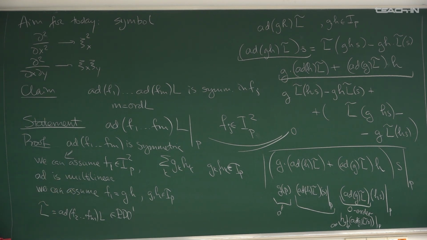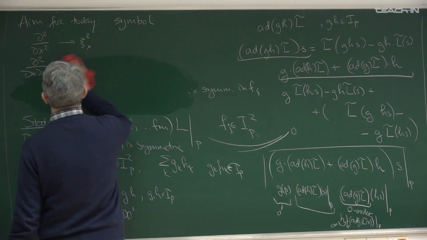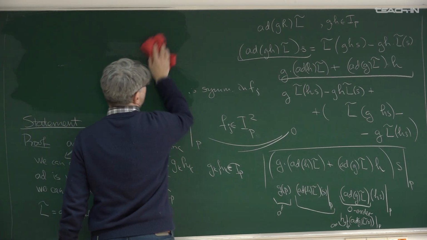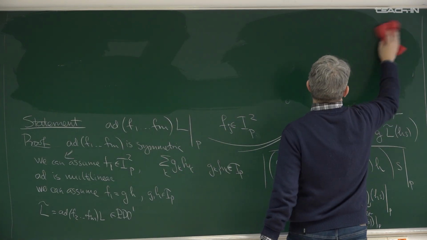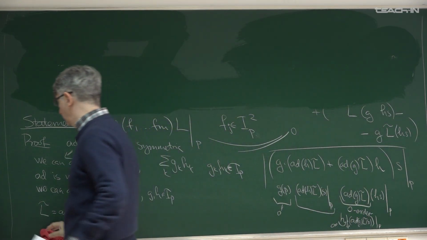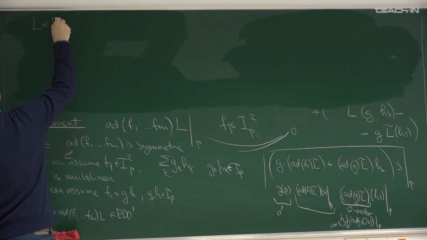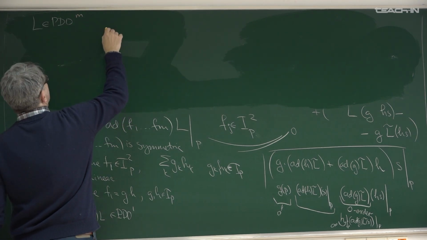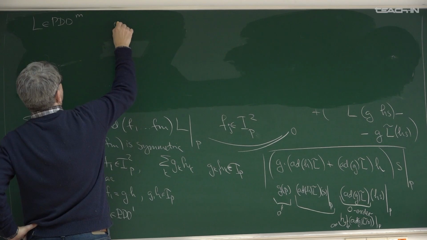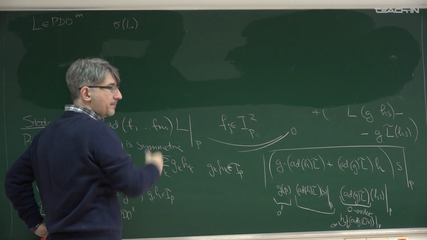So we can define a very interesting function. Very interesting function. So assume we have operator L, a partial derivative operator of order M. Then we can define the following thing: sigma of L. It will be the symbol.